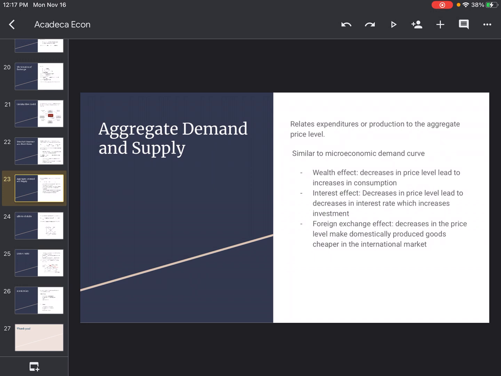The interest effect: decreases in price level lead to decreases in interest rate, which increases investment because more people are able to invest. And the foreign exchange effect: decreases in the price level make domestically produced goods cheaper in the international market because there is more of them. But just like the microeconomic demand curve, the aggregate demand curve slopes downward, primarily because of these reasons rather than the microeconomic demand reasons.